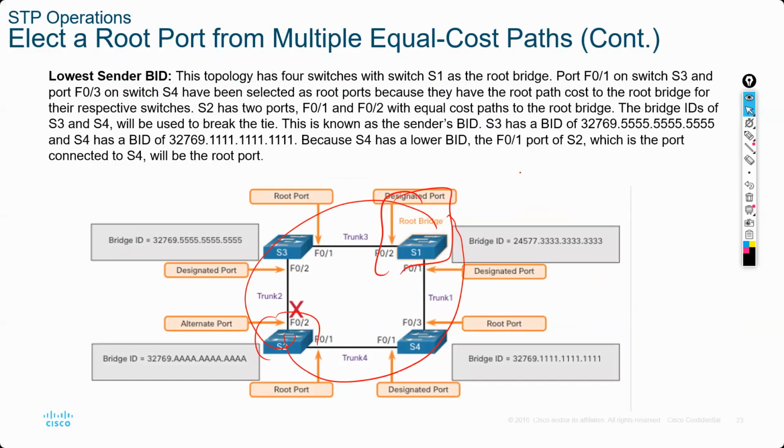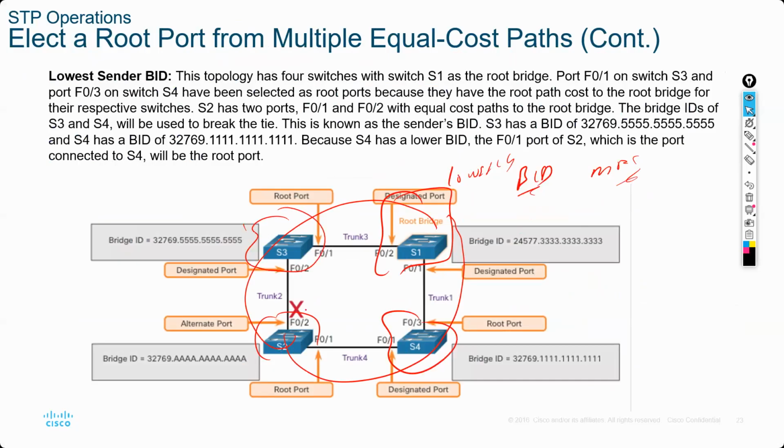It still boils down to that bridge ID now. It will look at the 2 switches on the path to that destination. I have switch 3 on the path to my destination. I have switch 4 before I get to my destination. Between these 2 switches, who has the lowest bridge ID? And you guys know what makes up the bridge ID. Anybody with the lowest MAC address will have the lowest bridge ID.